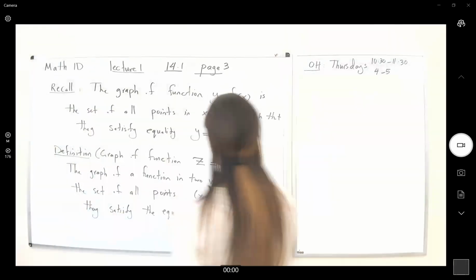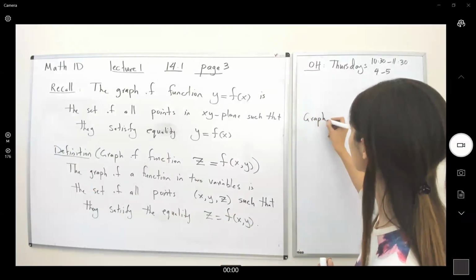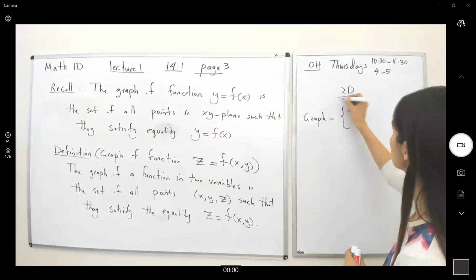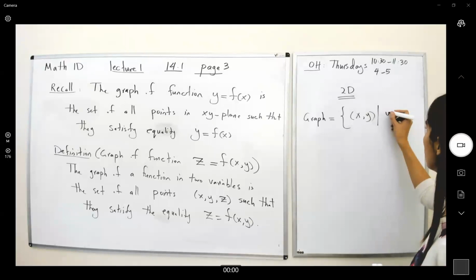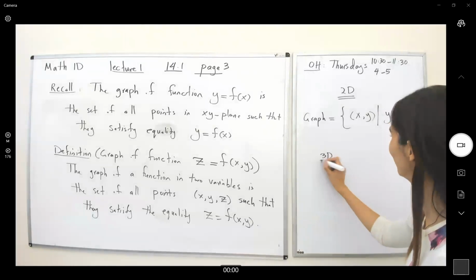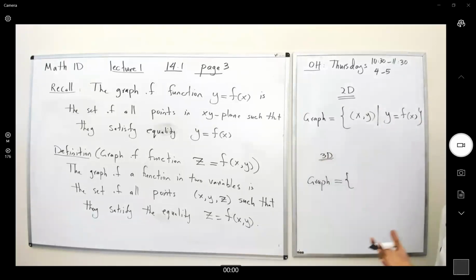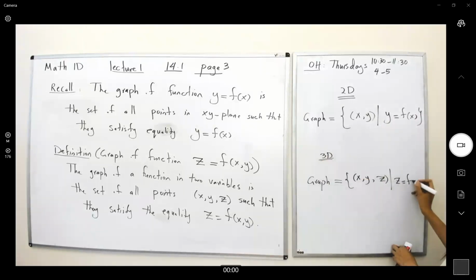Okay, in each case, you can use mathematical format and write it this way. The graph is equal to the set of, in two-dimensional space, 2D, all points x comma y such that y is f of x, and in 3D, the graph of the function is defined as the set of all points x, y, and z such that z is equal to f of x comma y.